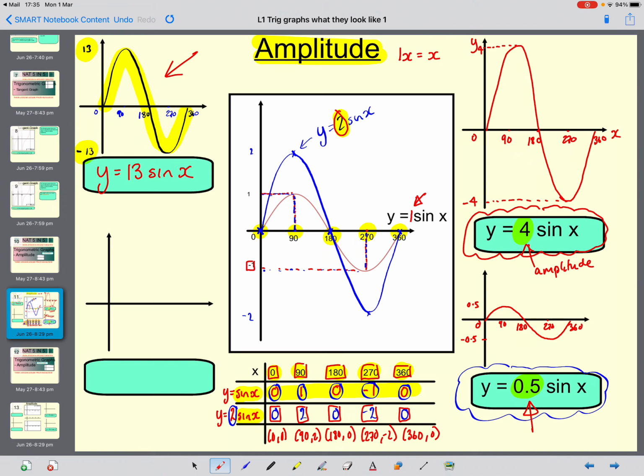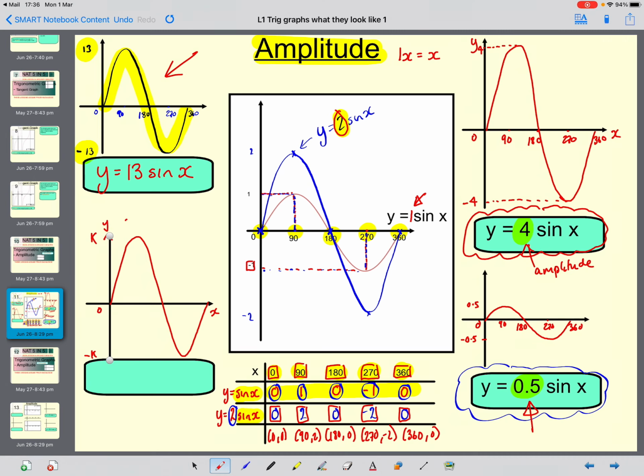What if I do another one? And I said this time it went up to k and down to -k. So that should be your x and your y.